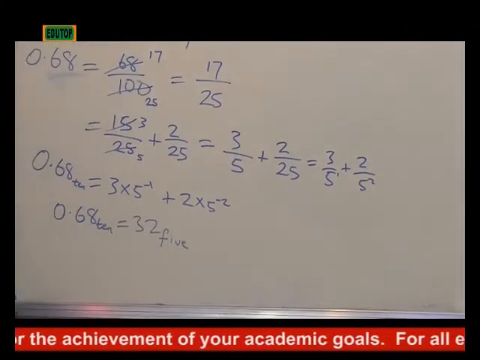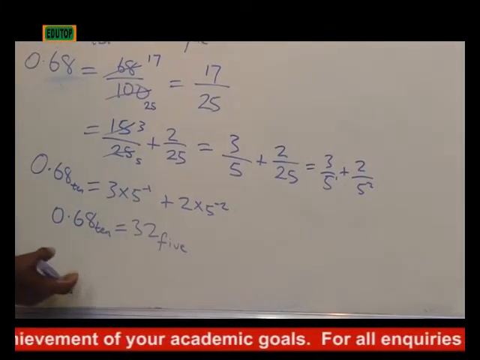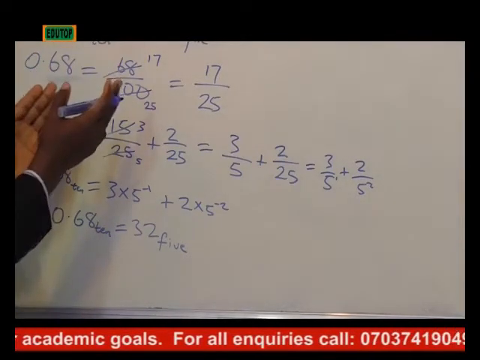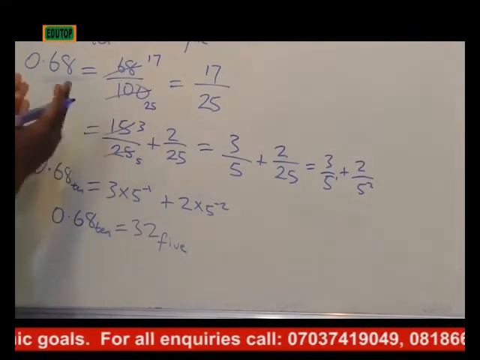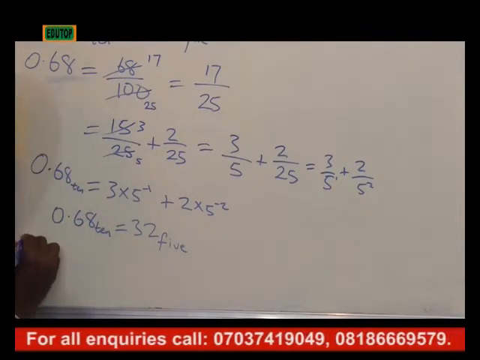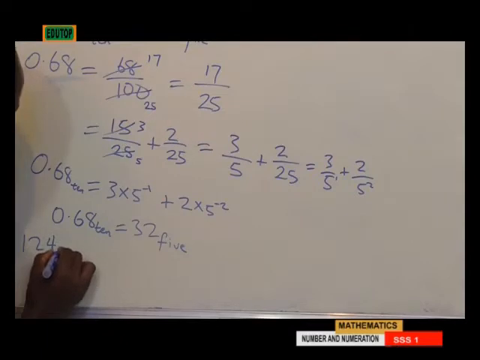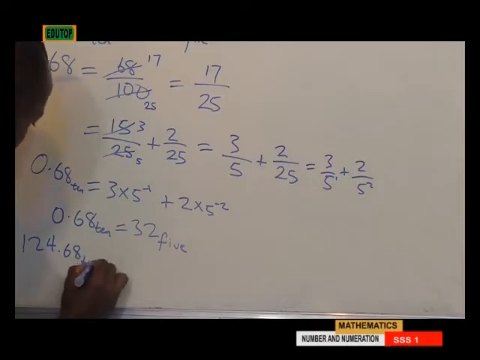We combine these 2, that is the whole number and the decimal fraction together.